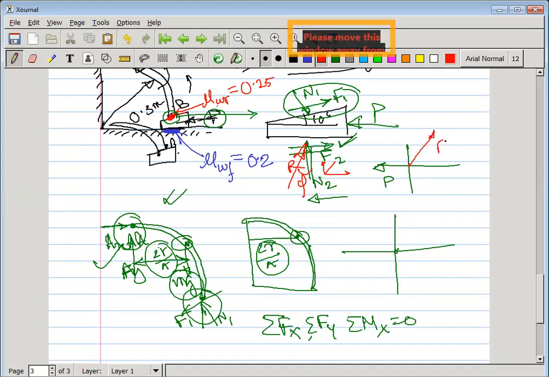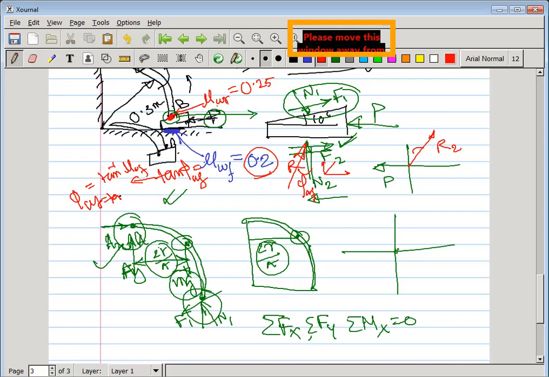And what is the value of phi? It is given as 0.2, so you can consider this as phi_wf, with respect to the floor and wedge. From here, phi_wf is tan inverse of mu_wf, which is 0.2.